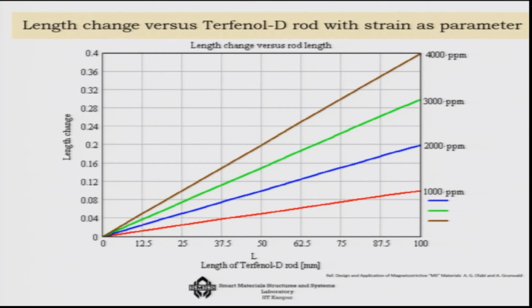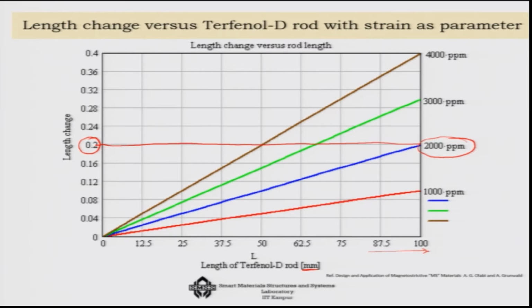Now, I am continuously telling you about parts per million. So, what does that mean in terms of giving you some physical idea about parts per million? In the x axis I have given you the length in millimeter. Let us say I choose a 100 millimeter terfenol-D rod and I told you that it shows about 2000 parts per million. If it is not compressed, that would mean the change of length will be something like 0.2 millimeter.